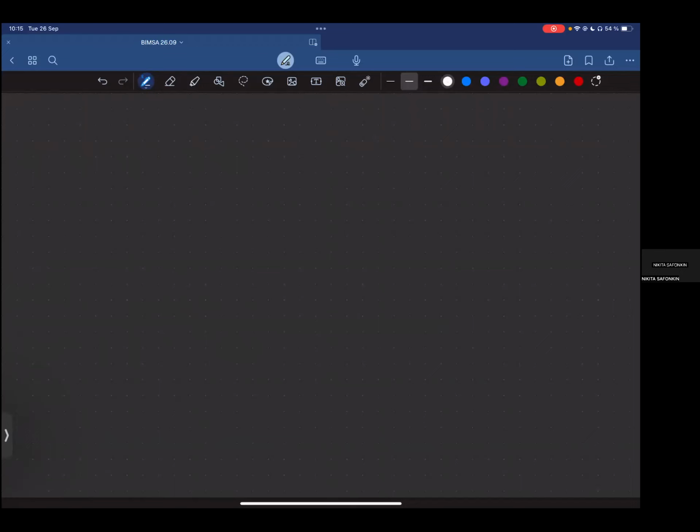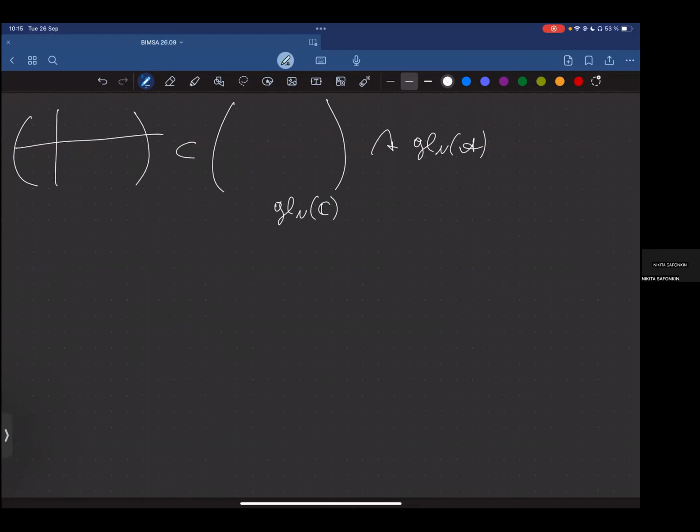So now we have GL_N over C, which acts on this GL_N over A. And we pick here a subalgebra, a Lie subalgebra, which consists of the following matrices.